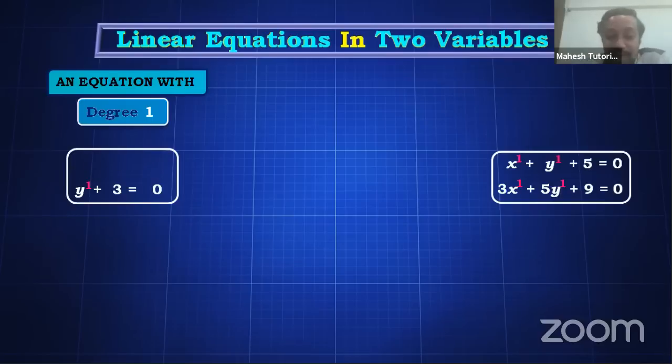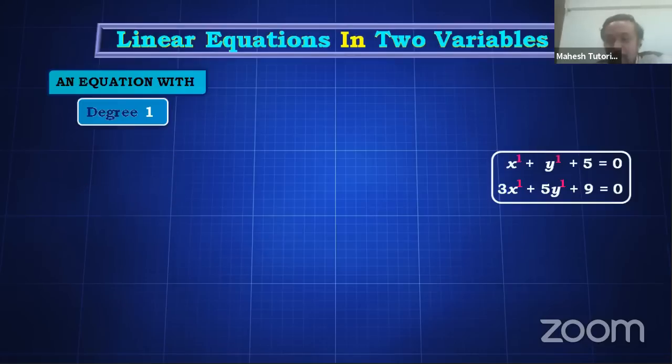All right. Look at the next one. y plus 3 is equal to 0. Now tell me, in this equation, how many variables are there? 1. So even this is not a linear equation in two variables. Perfect. So if this is not a linear equation in two variables, then we do not need to study it in this chapter either. Perfect.